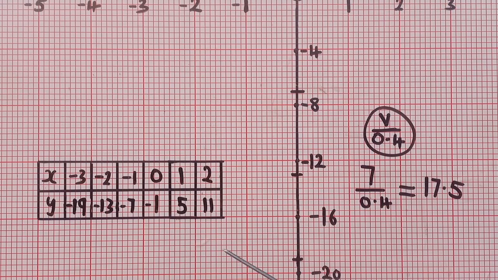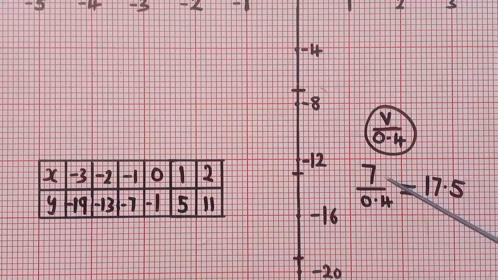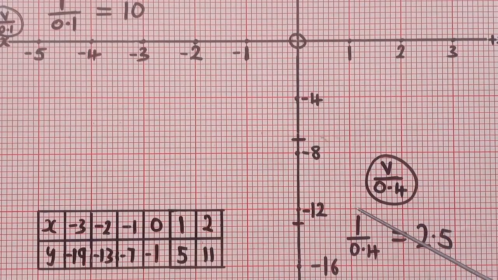Now, let's turn attention to the next one, which is this -1. What is -1? Let's find out. So we have it that each location is found by replacing a v with it. So we have that this v is equal to 1. So 1 over 0.4 is equal to 2.5. 2.5 what? 2.5 unit boxes, counting downwards from the origin.